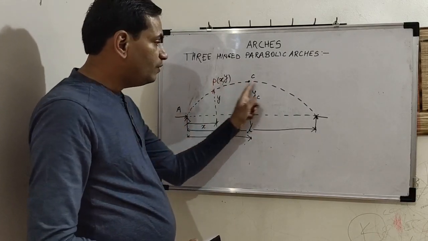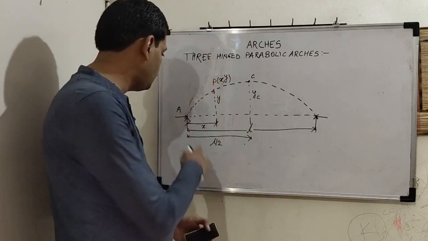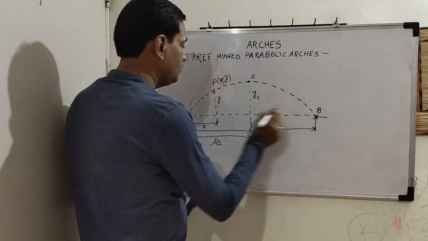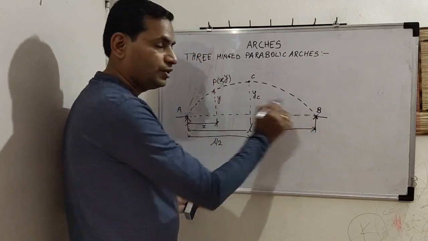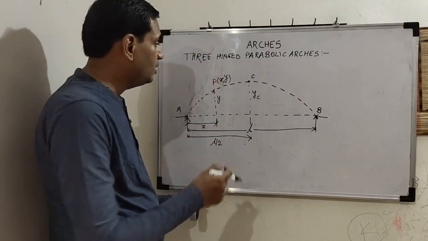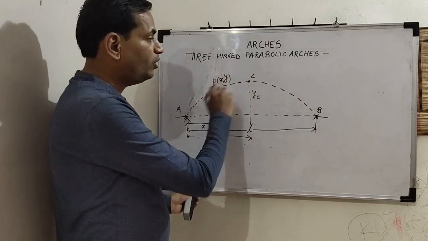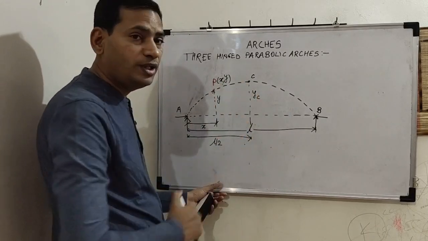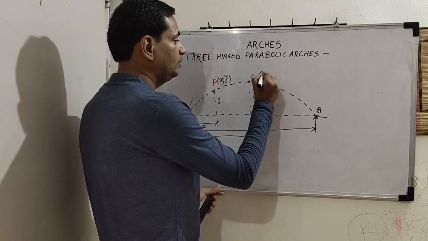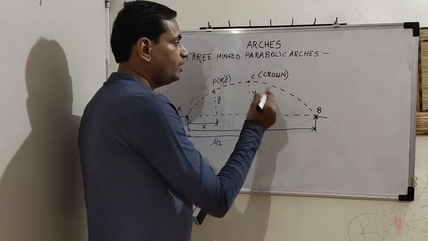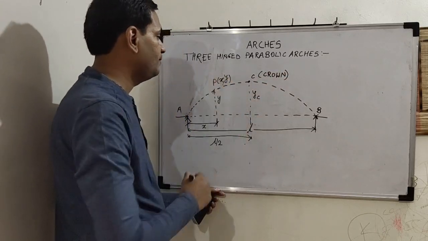On this center line of the arch there are 3 points. One is A, another is B here where there are supports, and C is the third hinge at the topmost point along the arch. Okay. That is known as usually crown. So at crown there is third hinge.